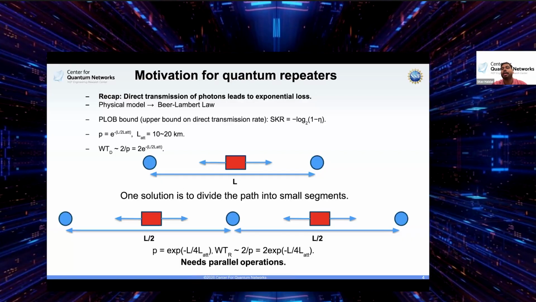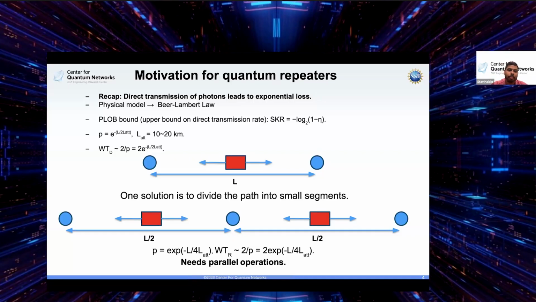And you can see that that falls logarithmically with decreasing eta. So as you get more and more loss, at some point your key rate is just going to go to zero very quickly. So direct transmission is not an option beyond, say, 10, 20, 30, 40 kilometers. So definitely not for metropolitan scales.